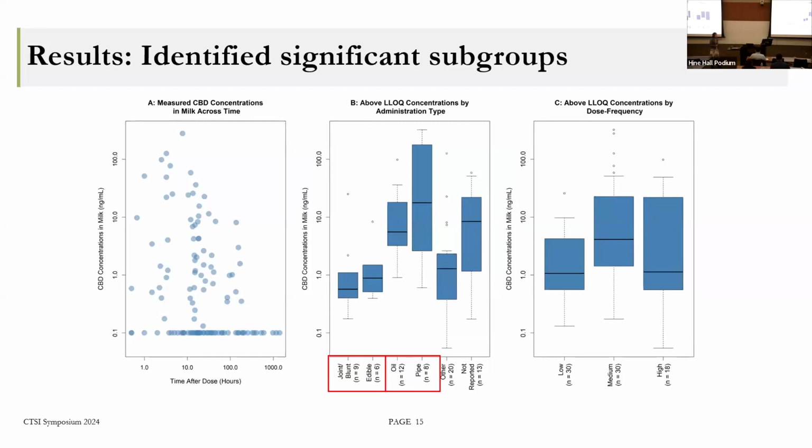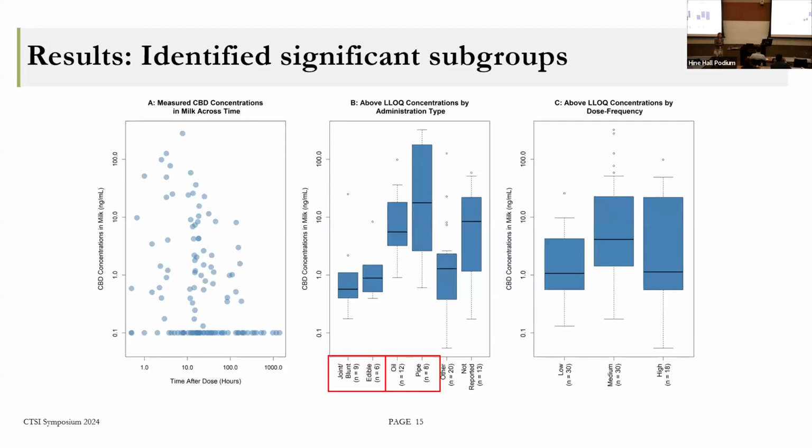Another thing to note is I mentioned that we only used one administration type for that sample. So this led to around 142 samples that are shown in these plots on the right. So we used backwards stepwise elimination to figure out which of the subgroups were significant.